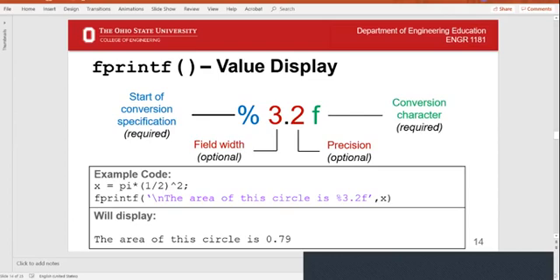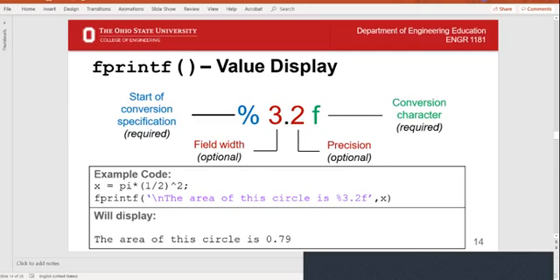But we could also have other types, like d for integers, or no decimal place. We have s for string if you only have text, and if you need to type something in scientific notation, we have the e. You need to remember them: f if you have a decimal place, d if you only need integers, s if you have text, and e if you need the number to be in scientific notation.